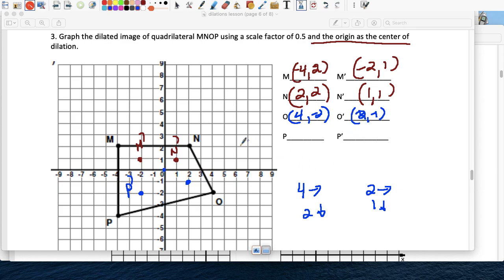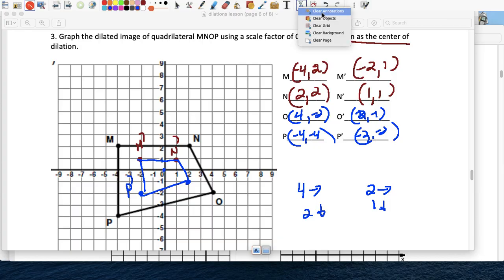And then point P, the original point P, was -4, -4, which makes it -2, comma, -2. If you connect the dots, you get the same shape. Right? Shape is the same. Right? And the ratio of 2 sides in the original quadrilateral is the same as the corresponding ratio of 2 sides on the figure after dilation.